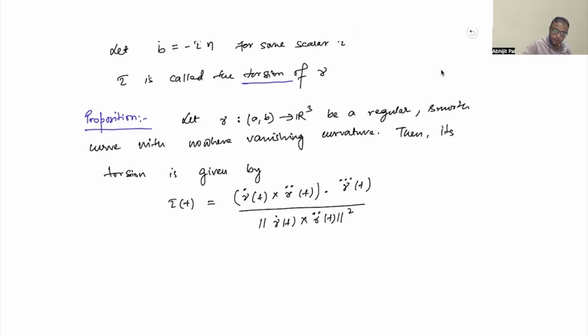This you have to prove. Then you will get a formula to compute the torsion.